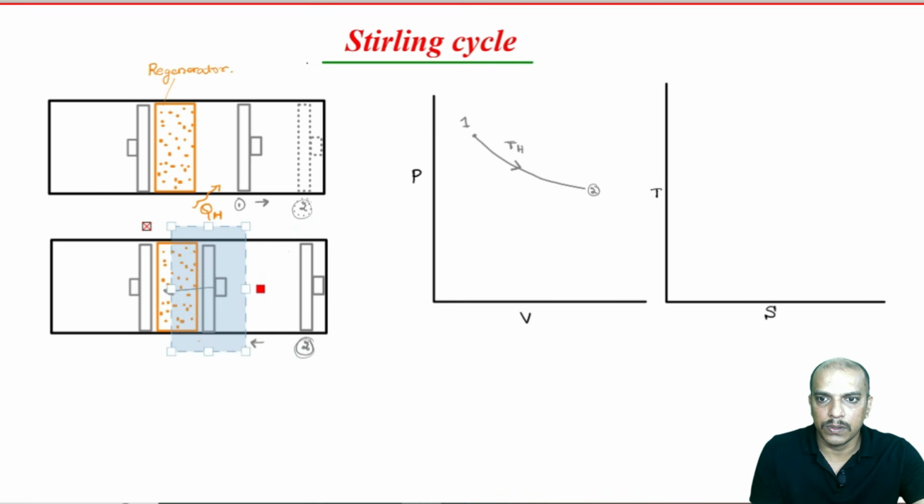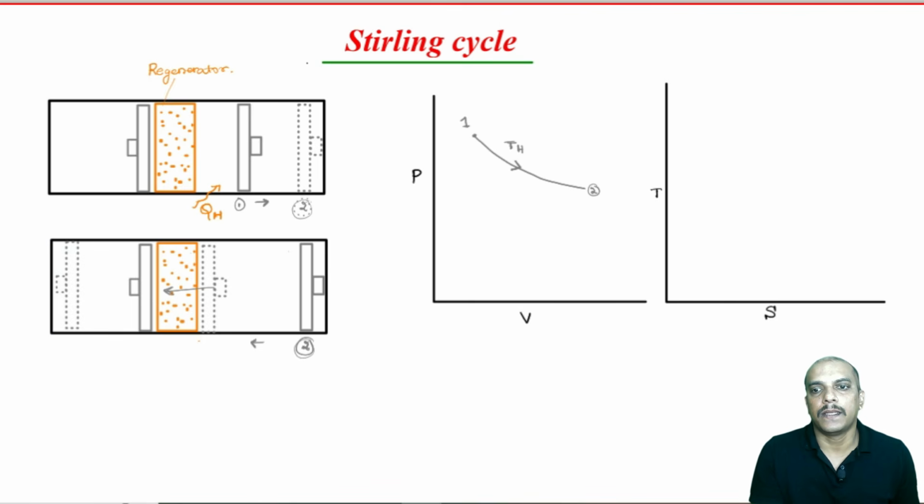So, this will go till here, and at the same time this has to be reaching here. So, that way we are having a constant volume maintained, but the energy is given to a regenerator. So, 2 to 3 can be represented this way, all right, constant volume.